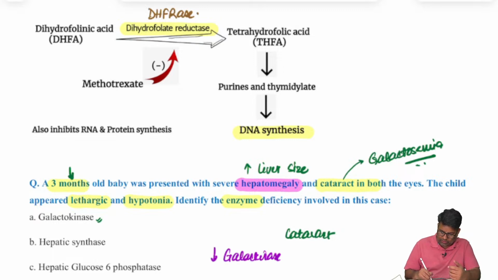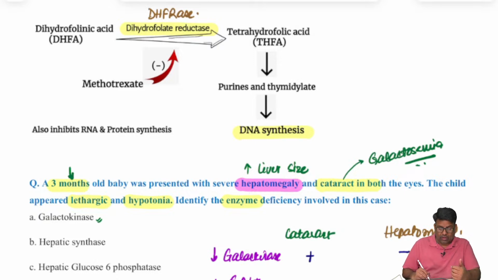A very important consideration is hepatomegaly. In a case of galactokinase deficiency, cataract will be present, but hepatomegaly will be absent.